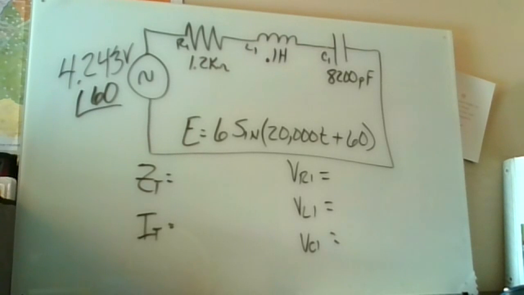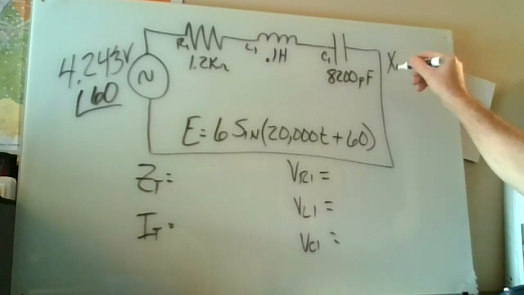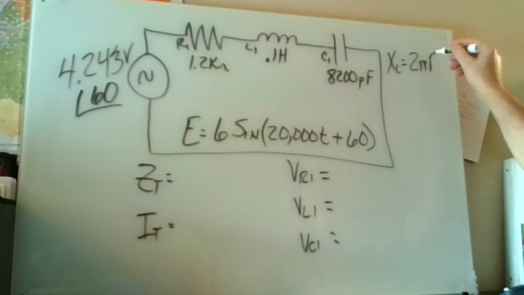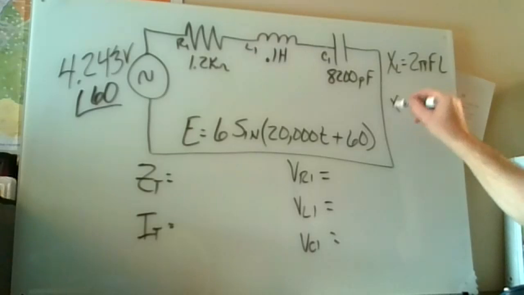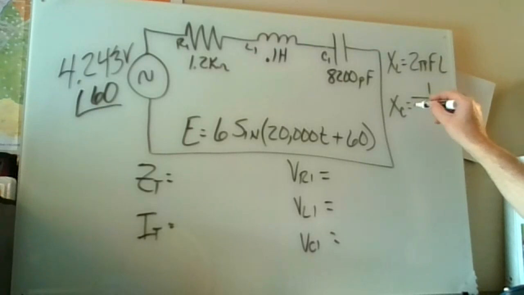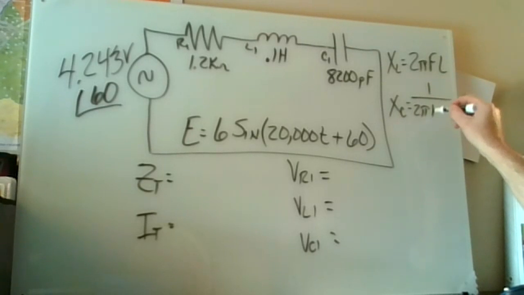So I have to find X of L and X of C. How do I find X of L? X of L equals 2 pi f L. X of C equals 1 divided by 2 pi f C.